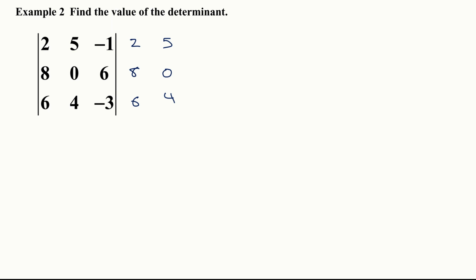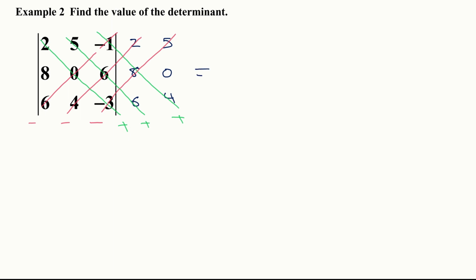It's a kind of a good idea to do this kind of thing for yourself. All right, so those are going to get added, remember? And then these other ones are going to get subtracted.